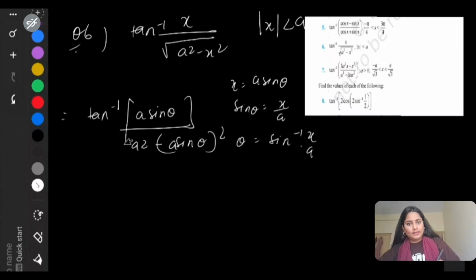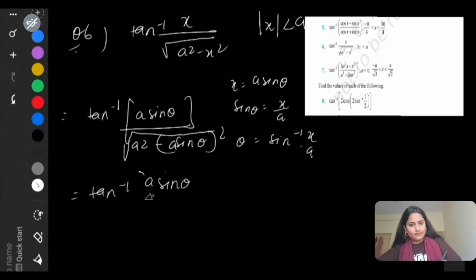Okay, now tan inverse of a sin theta divided by under root of a square minus a square sin square theta, right?